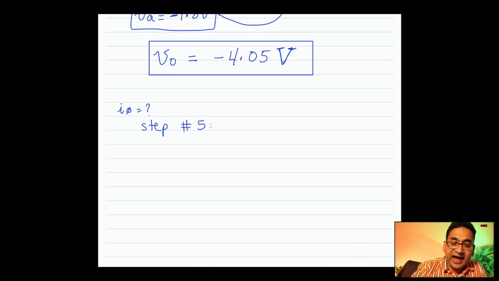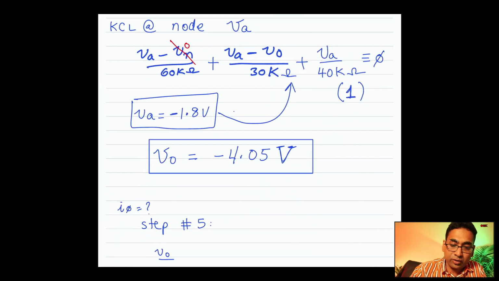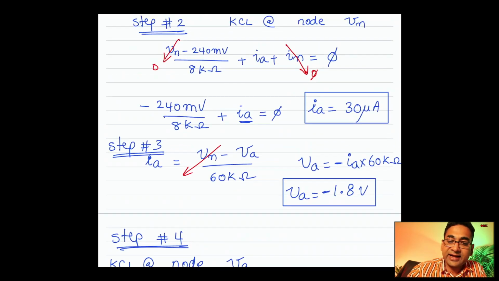So let's add those. Current going south is VO over 20 kilo ohms.